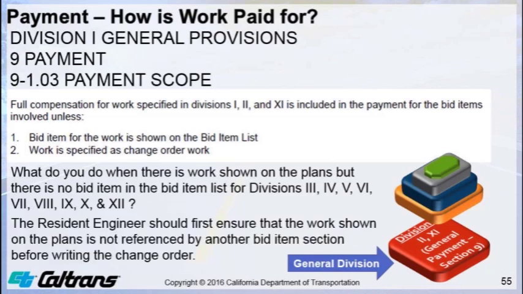For resident engineers, you should ensure that the work shown on the plans is not referenced by another bid item section before writing a change order to compensate the contractor.